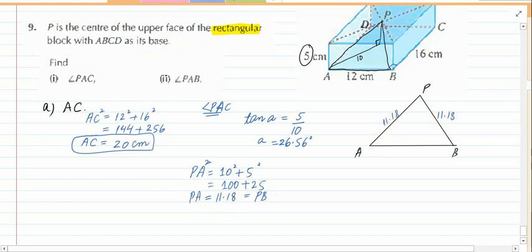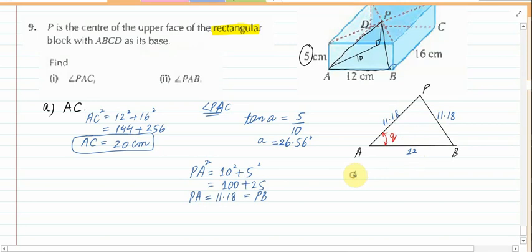11.18. We are looking for the angle PAB, that means this angle we need to find out, right? Let's call this angle again Q, and the value of AB is 12. Now you can see that we cannot apply trigonometry here because there is no right angle triangle. All three sides are known and angle is unknown. That means you need to go with law of cosine.